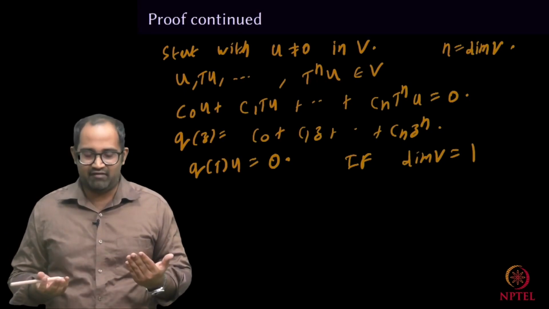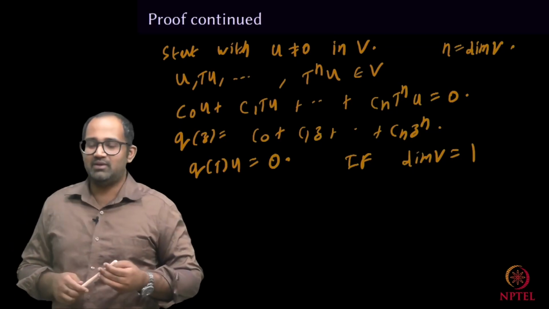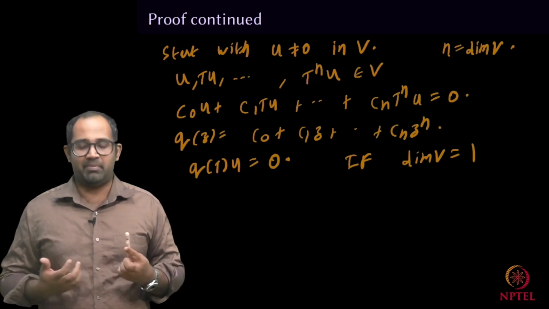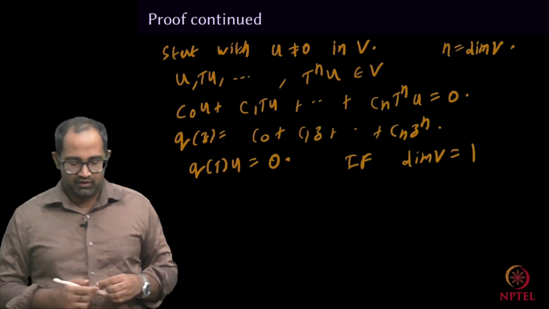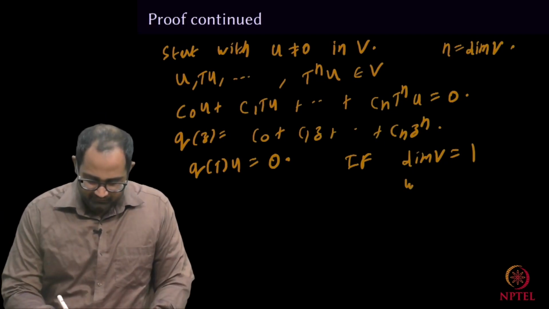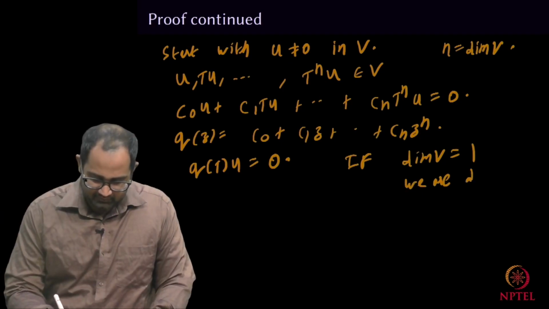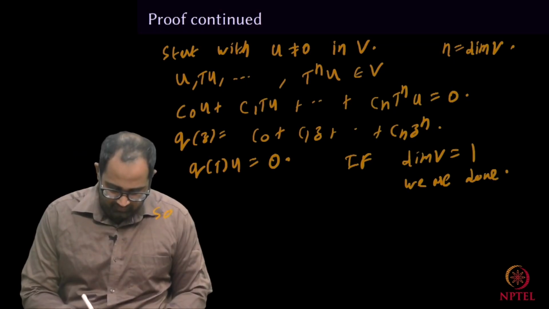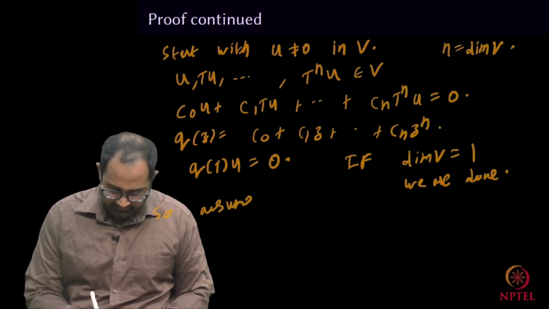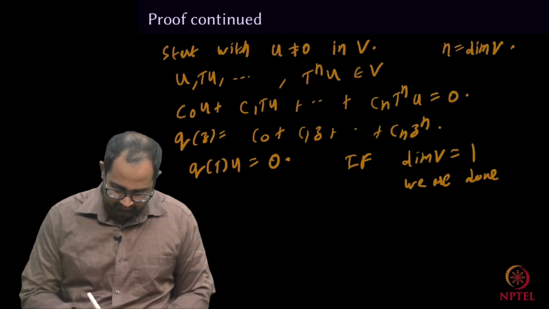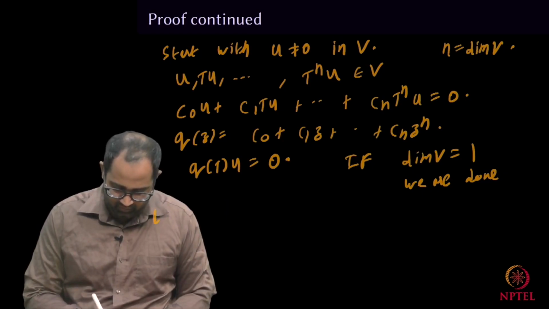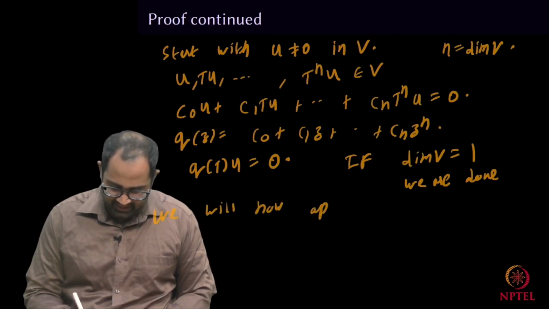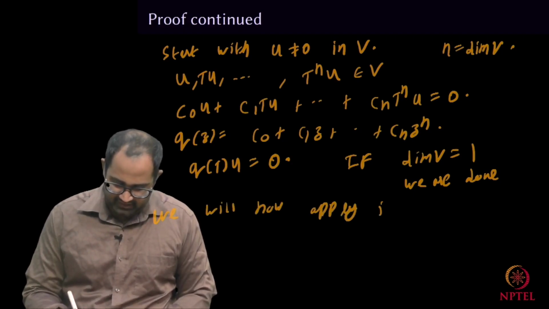You will get a linear polynomial that kills the operator T, right? So if dimension V equal to 1, we are done. Okay. So we will prove this by induction. We will now apply induction on n, which is the dimension.